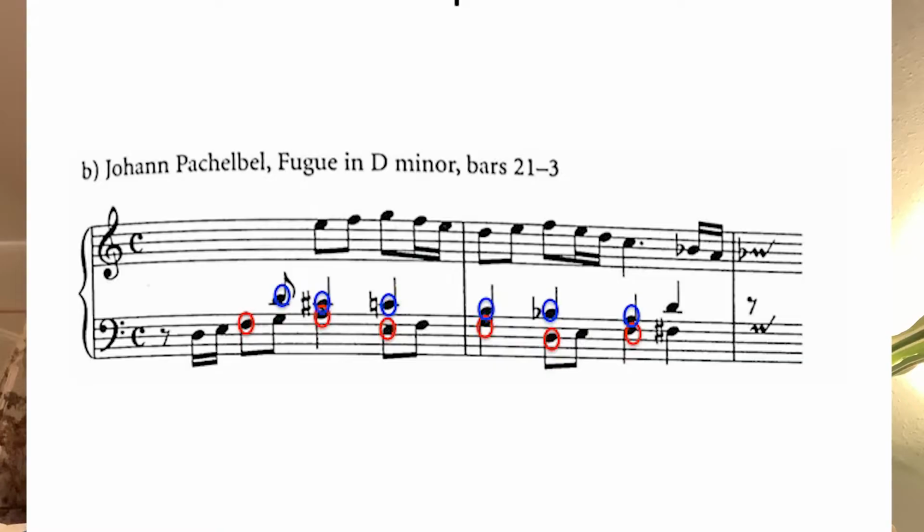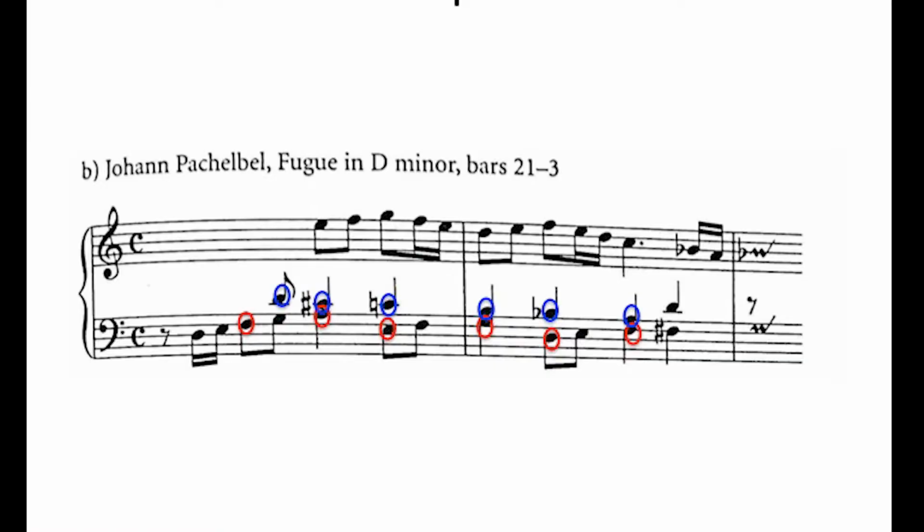Not only does this appear in the Long Notes manuscript, Ledbetter also shows us that there are examples of this in Johann Pachelbel's work. In this example, we see in the bottom line basically the same pattern, the rising third, falling fourth of Bach's subject.